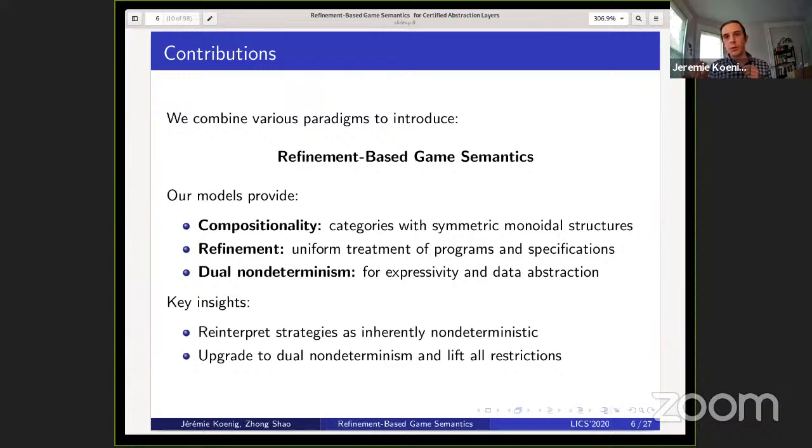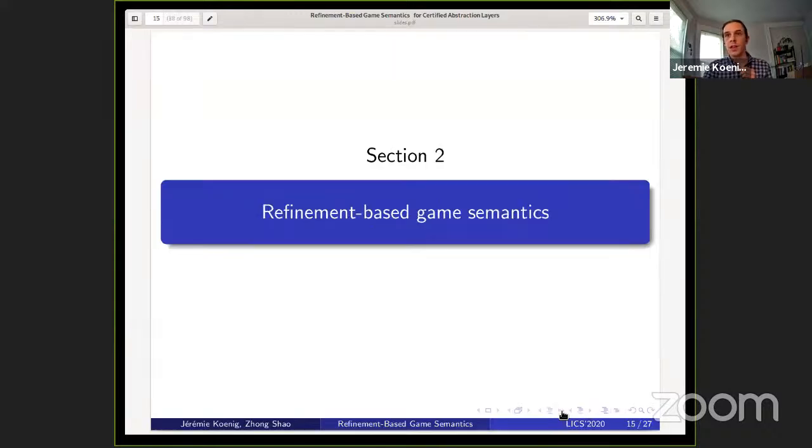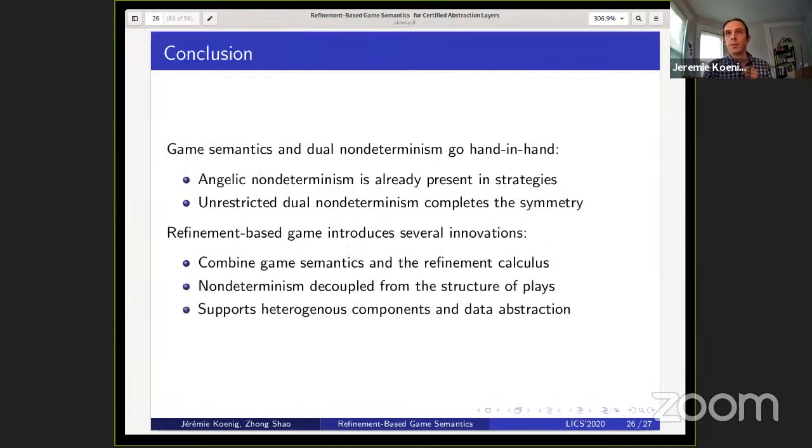If you upgrade so that you have both kinds of non-determinism and you lift all restrictions on angelic non-determinism, then you get a model that's very expressive. That's the basic idea. We're able to do this combination.